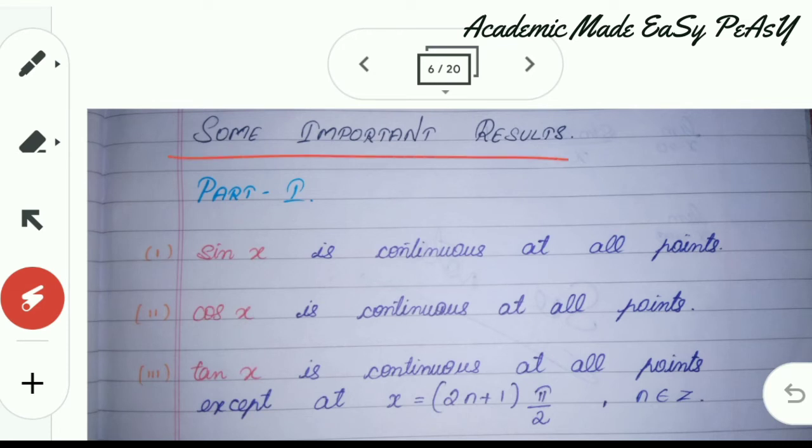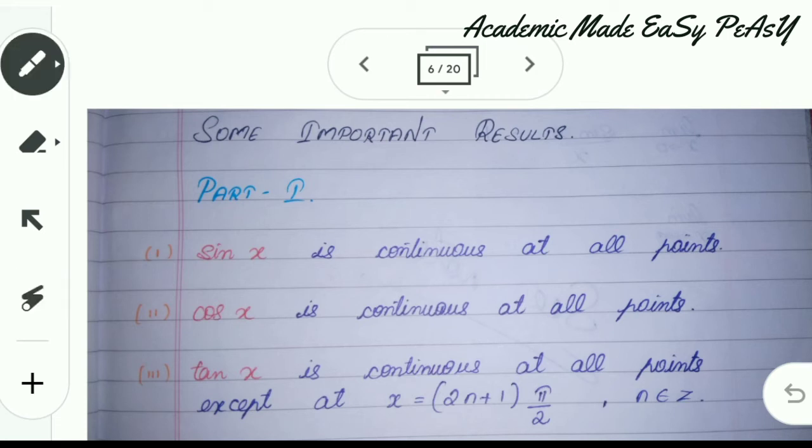Now let us learn about some important results. So here results means all that is what I said. We already saw some pre-proven facts. So here also there are some points you have to remember in order to do the sums. So see here, first it is given that sin x is continuous at all points.